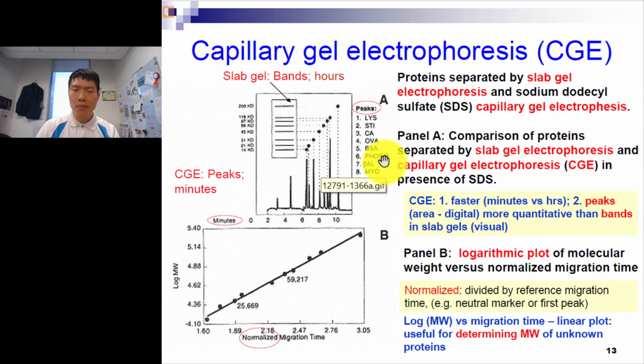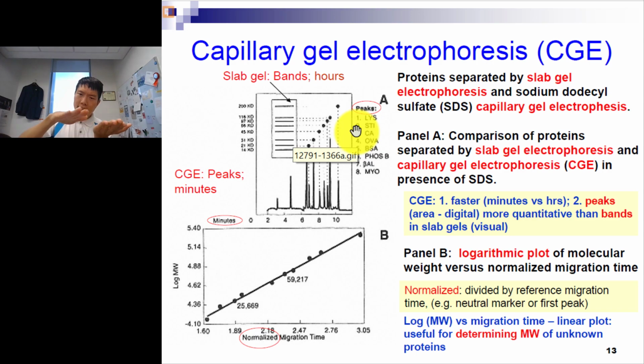Here, the figures on top right show a comparison of slab gel electrophoresis with CGE. You see that slab gel electrophoresis is typically done on a glass plate. So the gels are spread onto the glass plate, and then the analytes are dropped onto the gel, and the voltage is applied. Since the heat dissipation is not very efficient, the voltage applied is not as high as in CE, because we don't want to make it too hot, right?